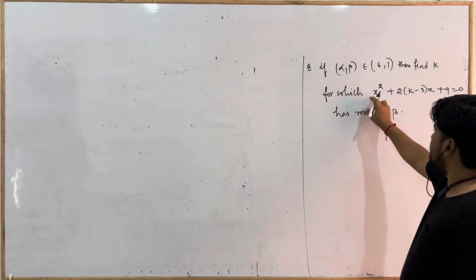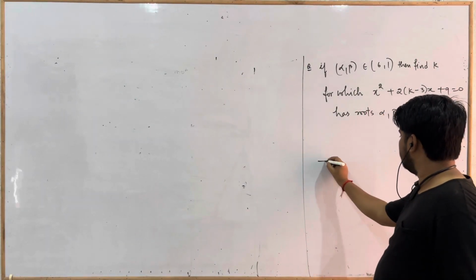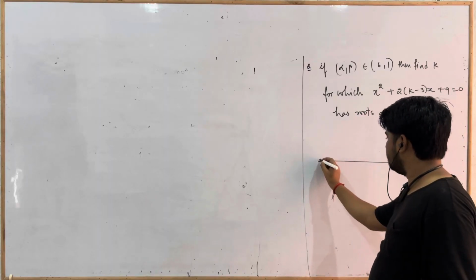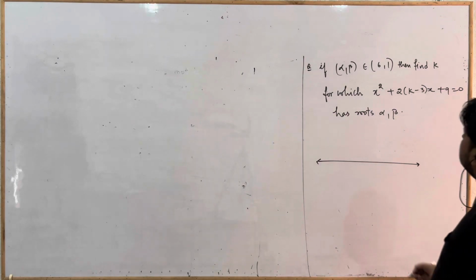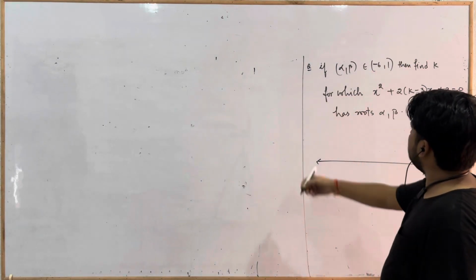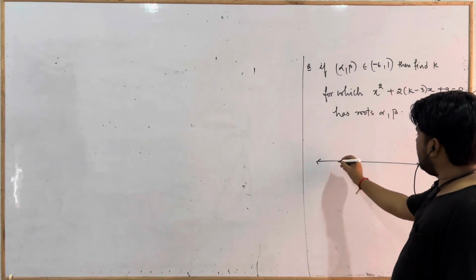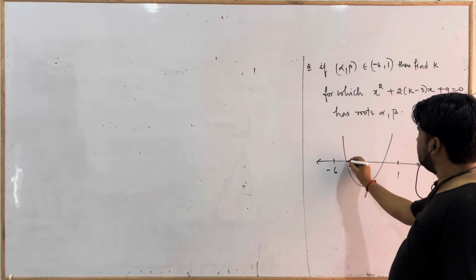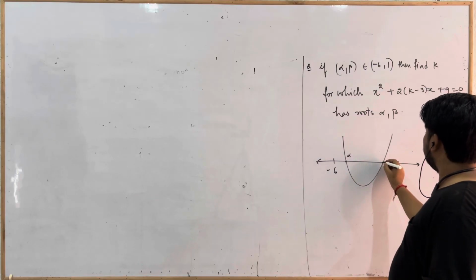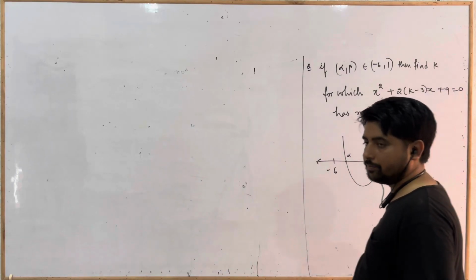Okay, a is positive here, no issue. So look at this. Alpha and beta belong to -6 to 1. So -6 is there and 1 is there, and alpha and beta belong to -6 to 1.